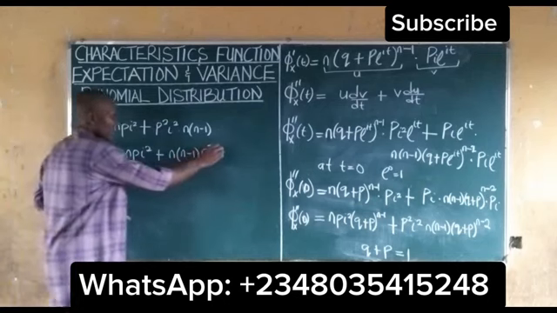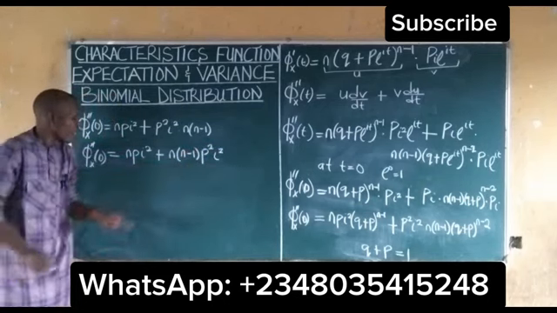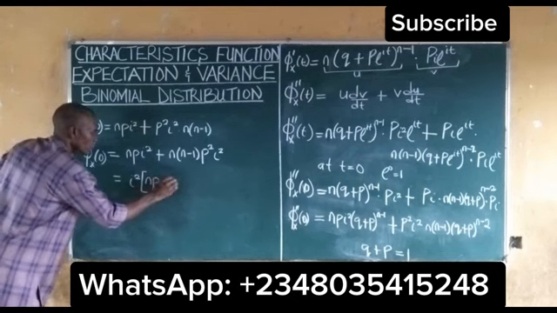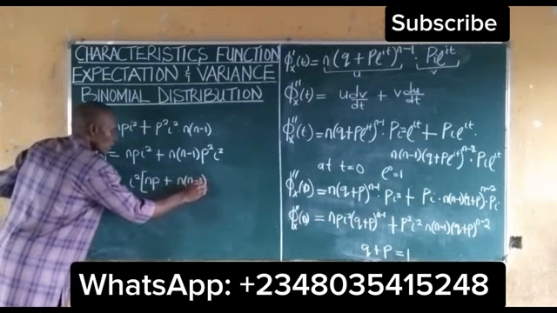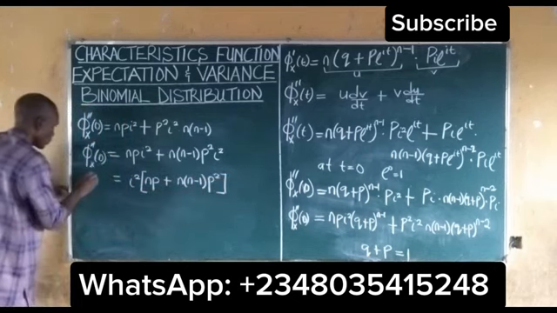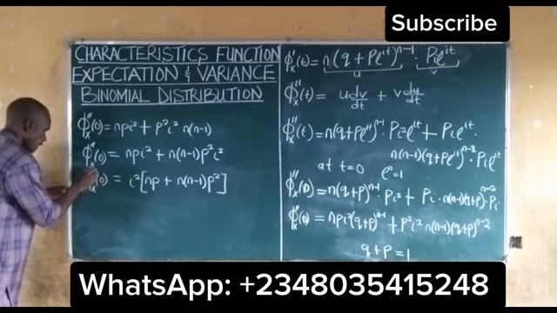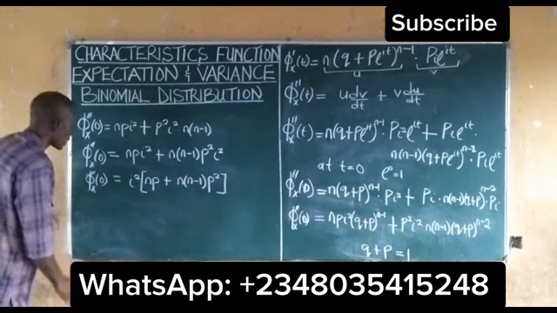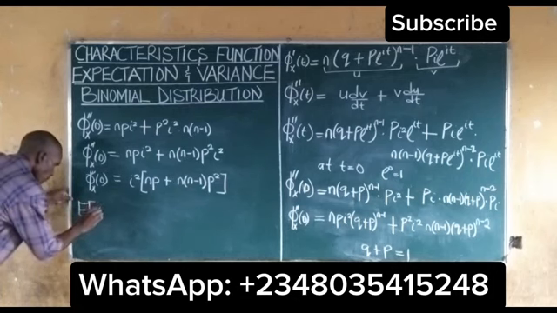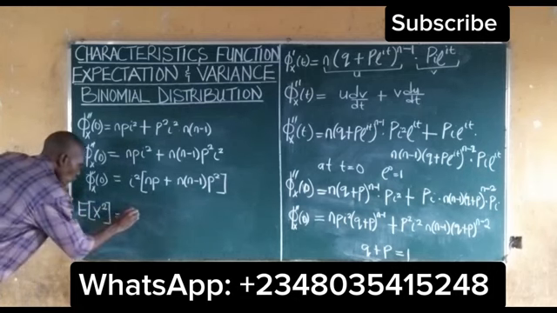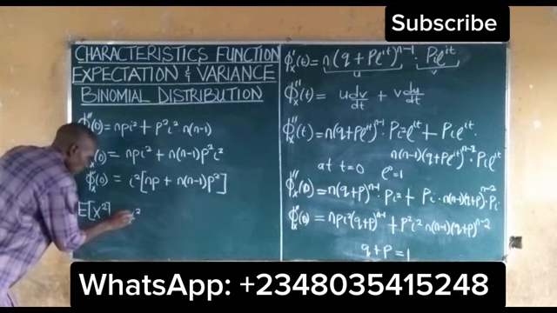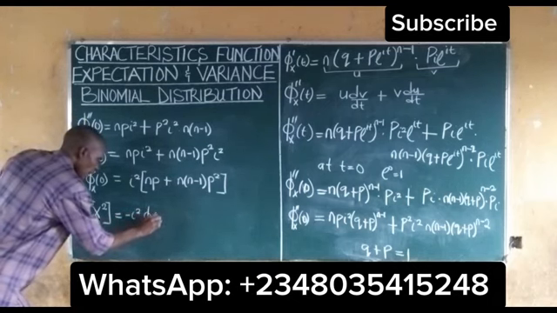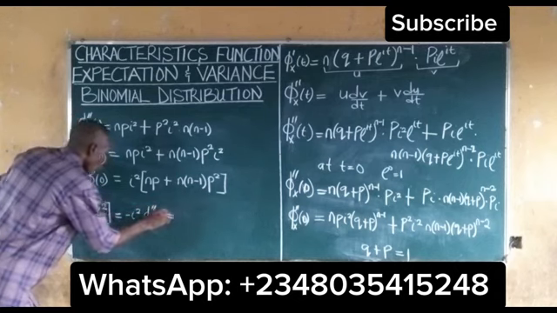If you watch out, we have i squared here and we have i squared here. So we bring out i squared to give us np plus n multiplied by n minus 1 p squared. So this is at t is equal to 0. So to write our expected value of x squared, our expected value of x squared is equal to negative i squared, our characteristic function at t is equal to 0, is equal to this.